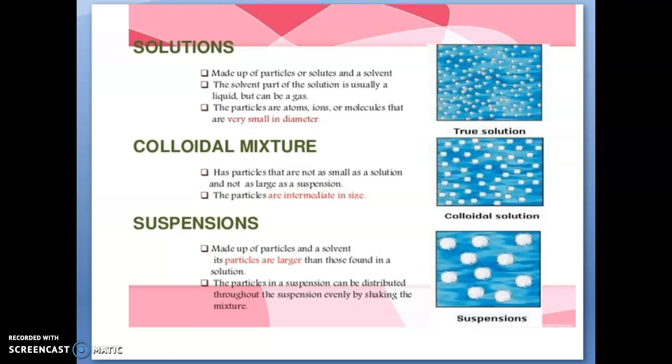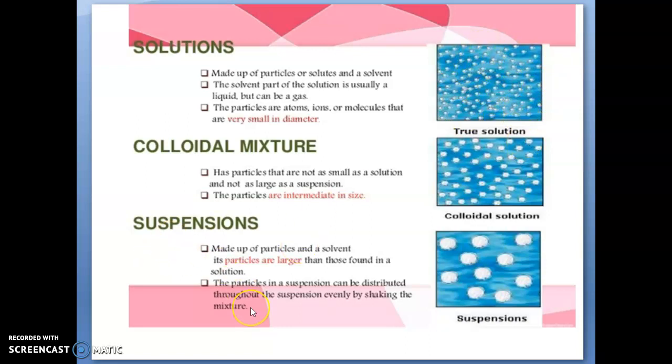The particles dispersed are atoms or ions or molecules that are very small in diameter. So a true solution will be like this: very small particles in a solution.